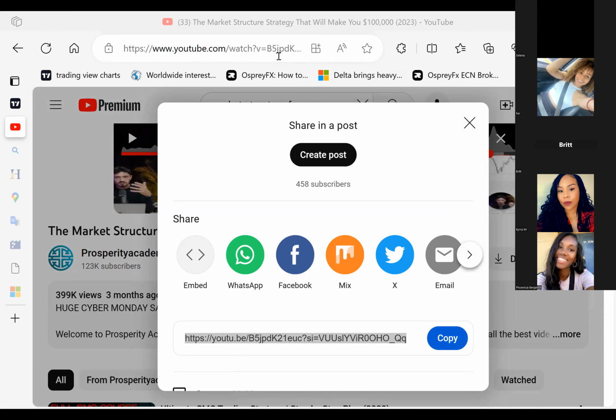What was that indicator that helped you identify the actual high, the actual low? It wasn't an indicator. He marked it. Somebody in the group posted an indicator.